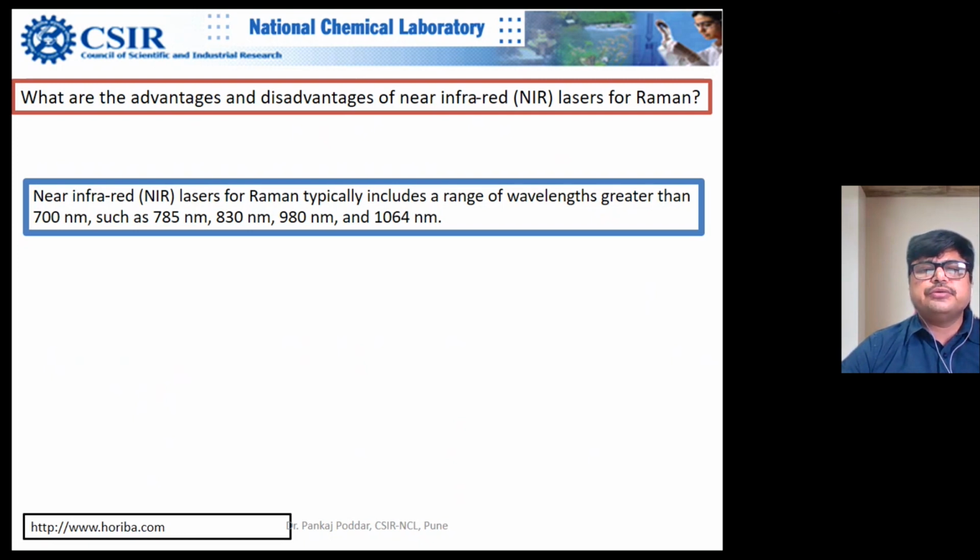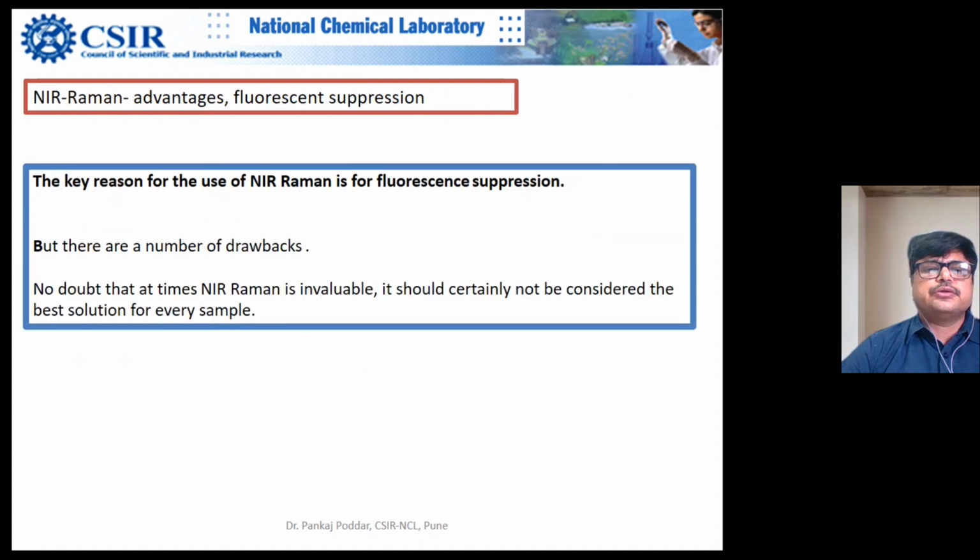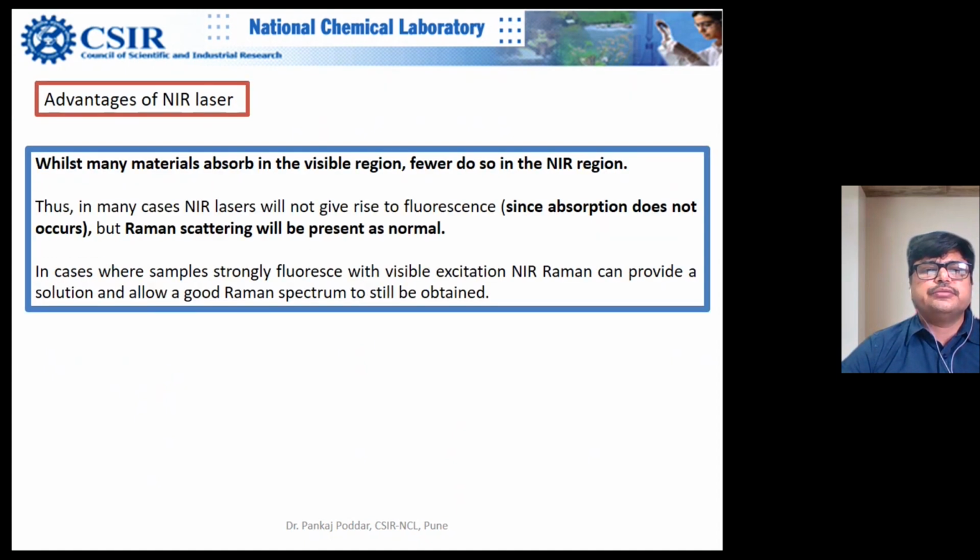There is a biological window, so NIR can penetrate much deeper, and you normally don't get a fluorescence problem. The only disadvantage is that the scattering cross section becomes quite problematic.